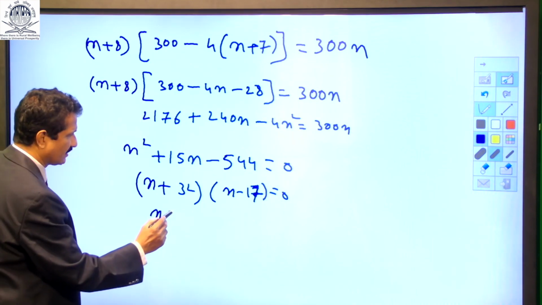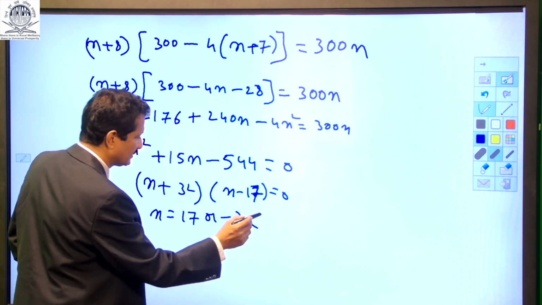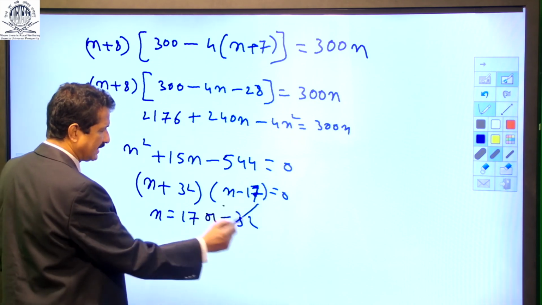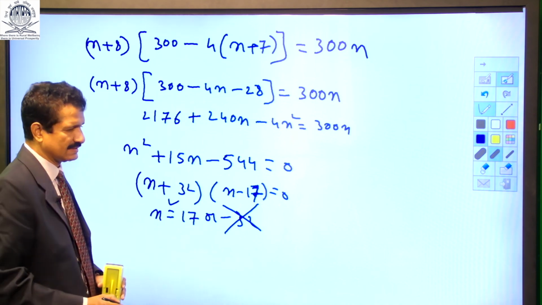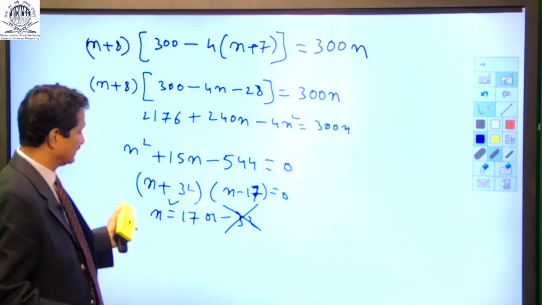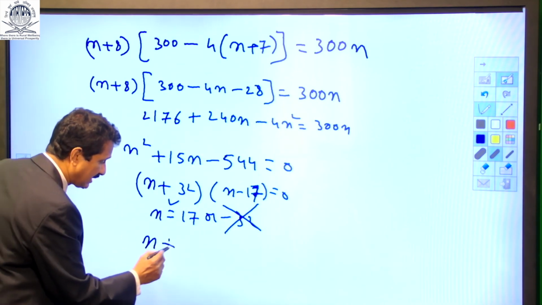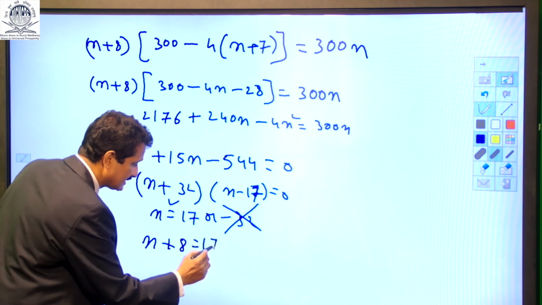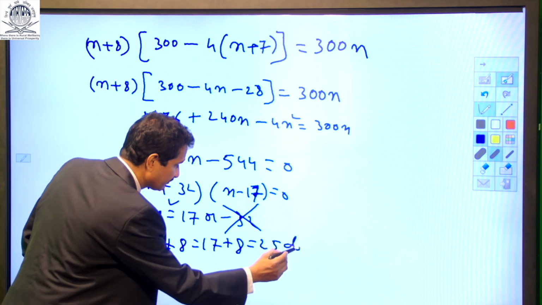So n is equal to 17 or minus 32. We will discard the negative value and take n is equal to 17. So the number of days to complete is n plus 8, please remember that, 17 plus 8, which is 25 days.